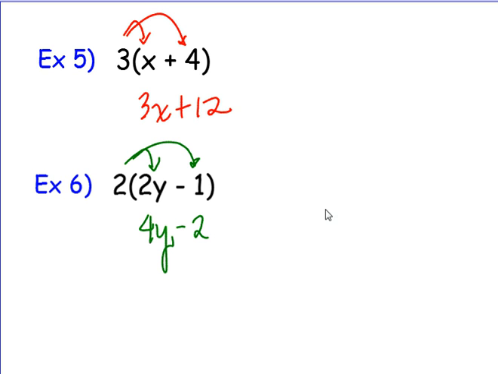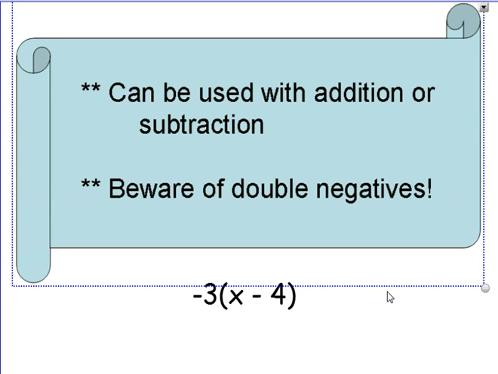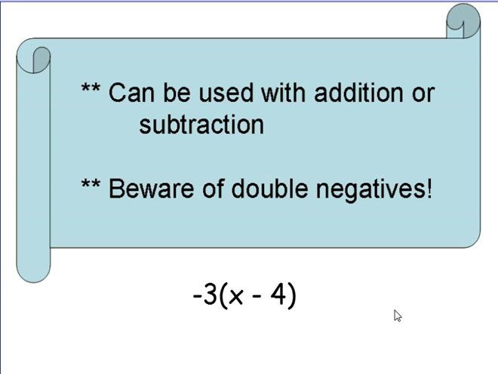Hopefully that explains a little bit more about the distributive property. I do like to mention a couple of things. One thing is that it can be used with addition or subtraction, which we just showed in those two examples. The other is that we want to be aware of double negatives. What do I mean by double negatives? That means if I have a negative out here and I have a negative on the inside, we've got to make sure that we're watching our signs.